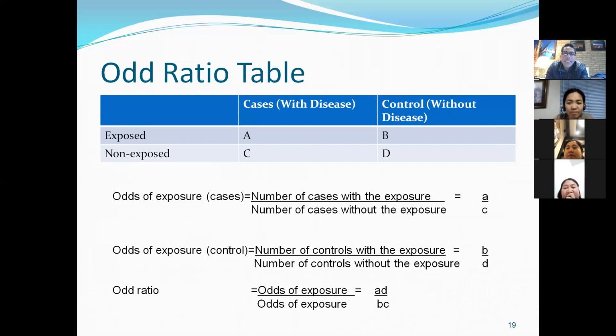And for the non-exposed and did not have the disease, this is what we call the control, and they were assigned letter D. So with this 2x2 table, there is a finite number.